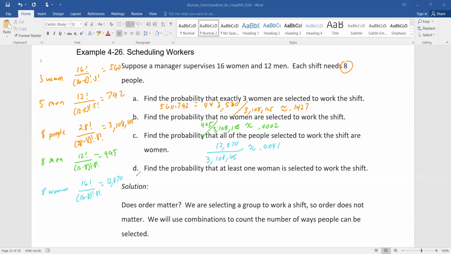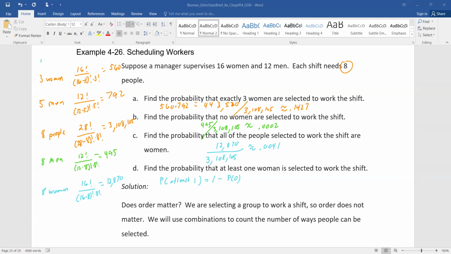The last part here is find the probability that at least one woman is not selected to work the shift. So remember to find at least one, that's the same thing as saying 1 minus the probability that you select none.